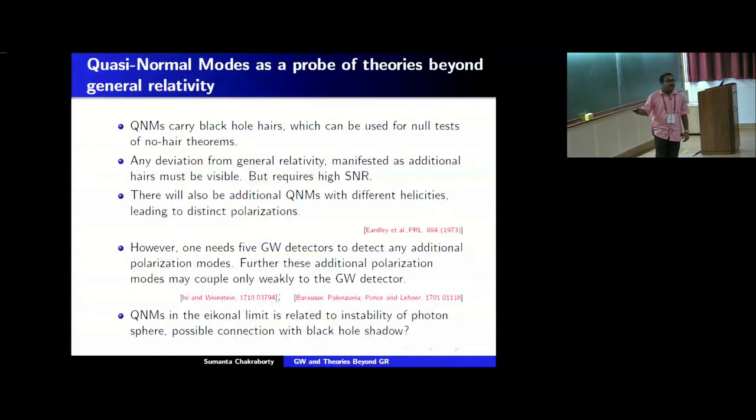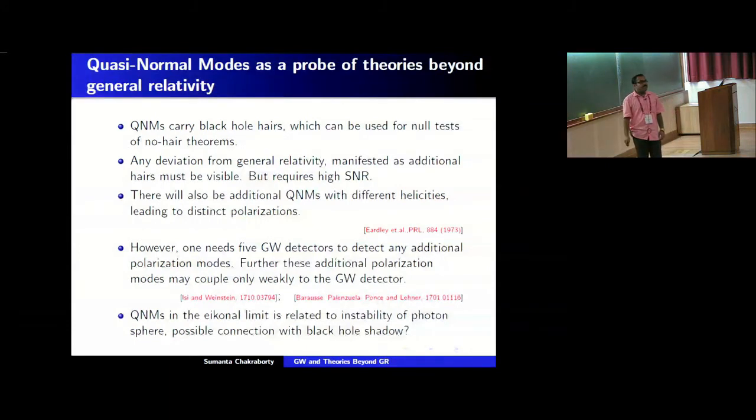But there are still certain constraints on the particular scalar modes or tensor modes because we have not seen them. On the other hand, there is some suggestion in this particular paper where they discuss that these additional polarization modes may only couple weakly to the GW detectors, and as a consequence, not seeing them may not be some facet of the corresponding scalar tensor theory.